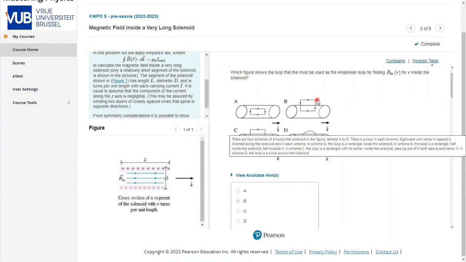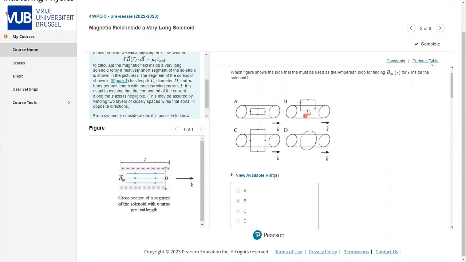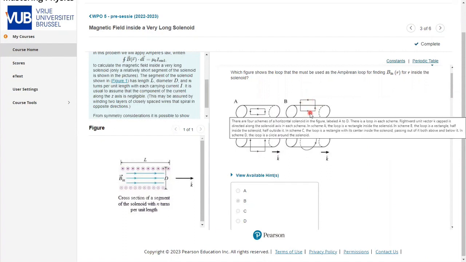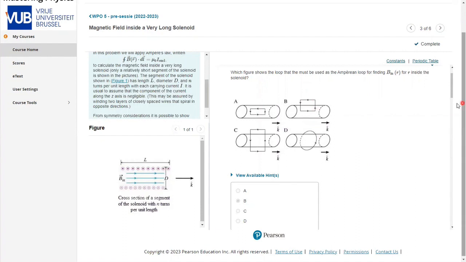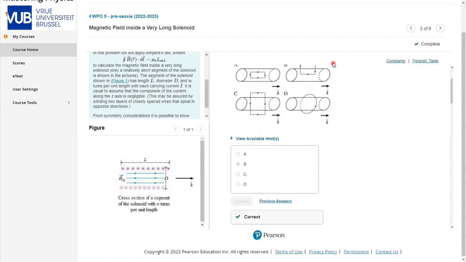What I can say is also that B outside is always zero, and B inside is always a strong magnetic field. So you always have one part in the solenoid and another part outside of the solenoid, the weaker one and the strongest one.